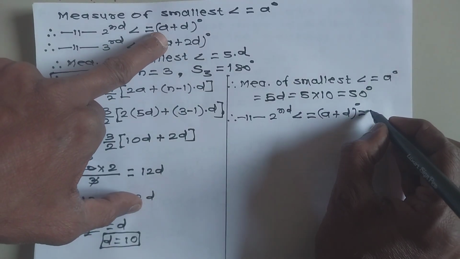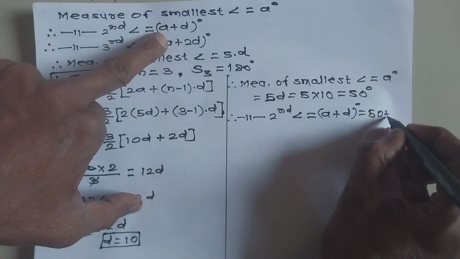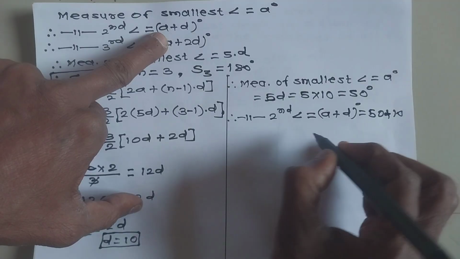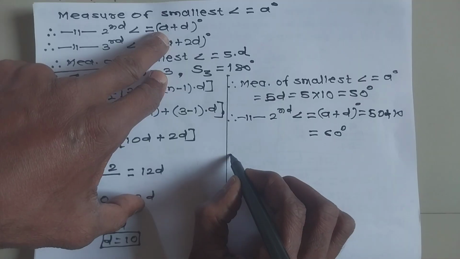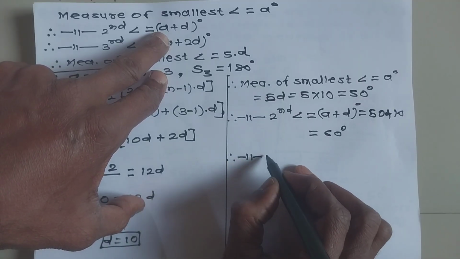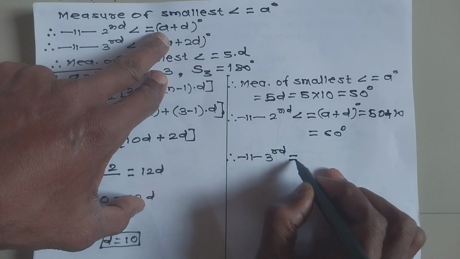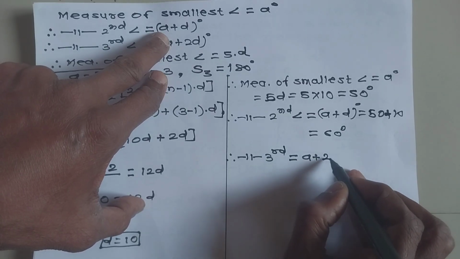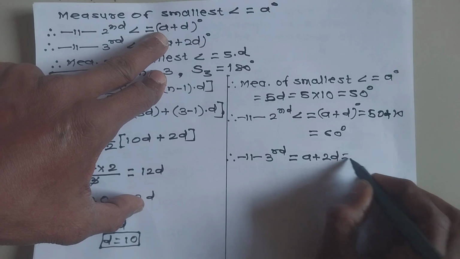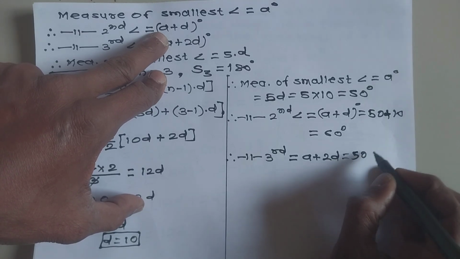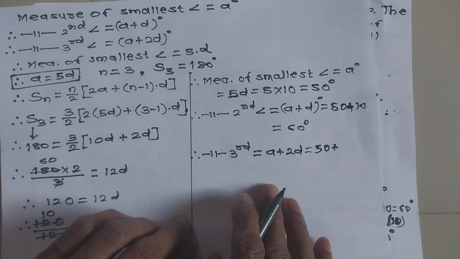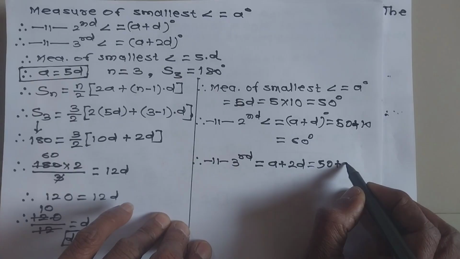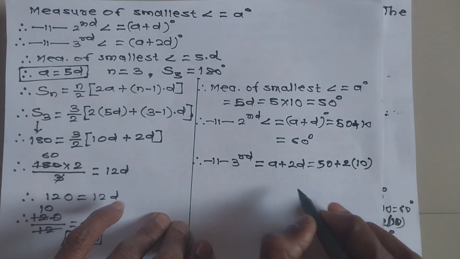We write the value of a first, plus the value of d: 50 plus 10, that is 60 degrees. Similarly, the measure of the third angle is a plus 2d, which is 50 plus 2 into 10.